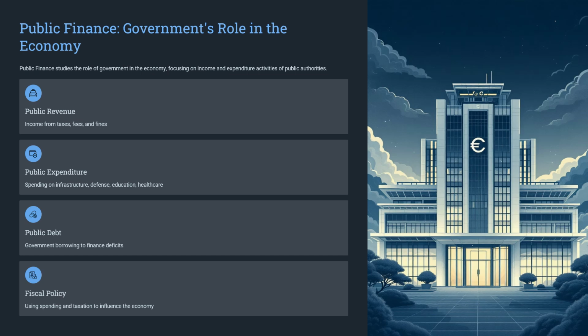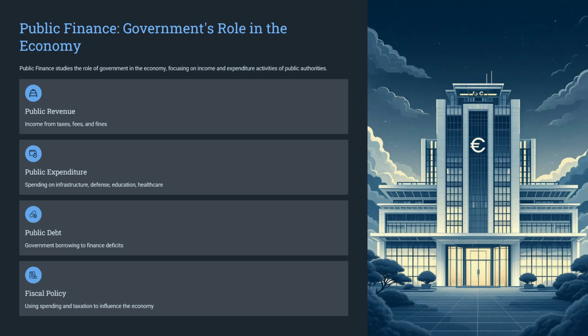The final division is public finance in economics, which deals with the role of the state in economic life. It studies government revenues, especially taxation and borrowing, and government expenditures on welfare and development.